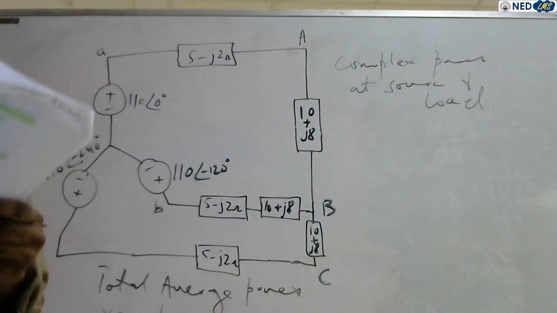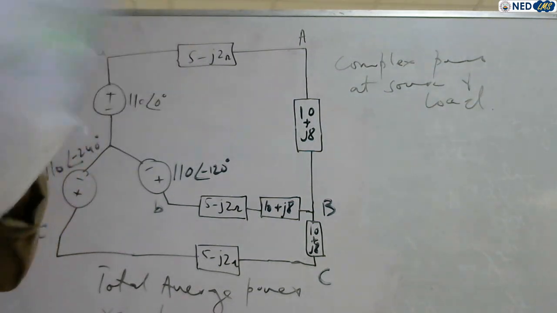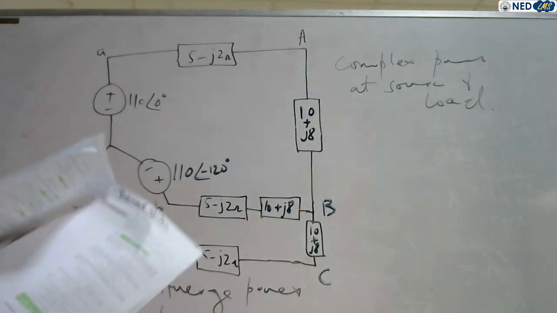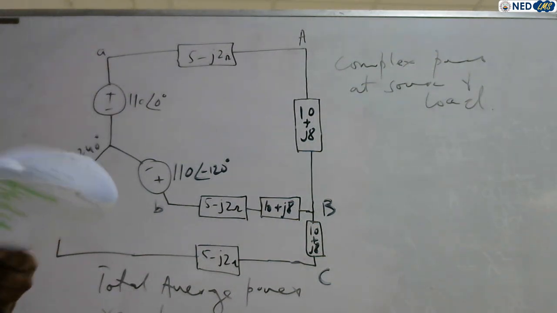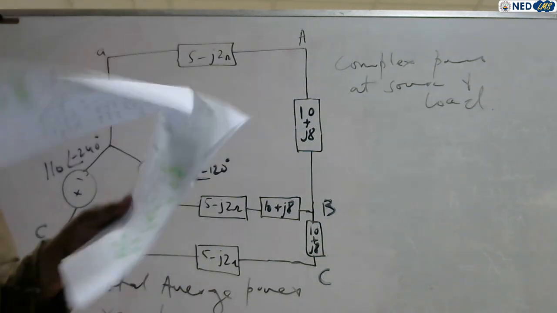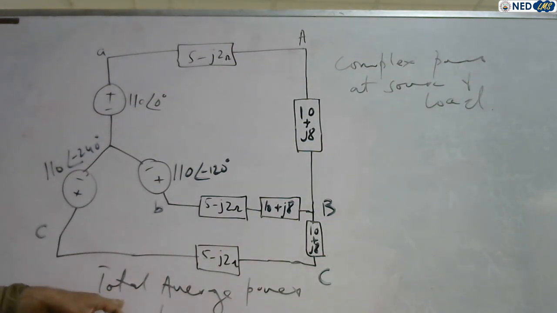So first of all, just recall what active power is, what reactive power is, what apparent power is, that is complex power S. So just recall the previous formulas. The average power, the total power, is expressed in kilowatts.